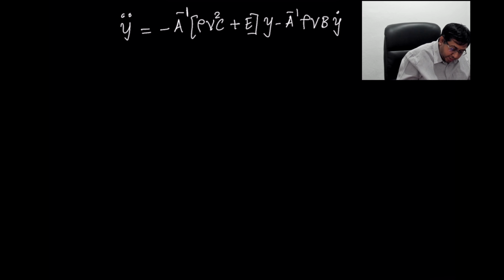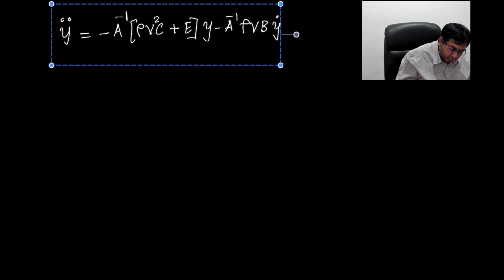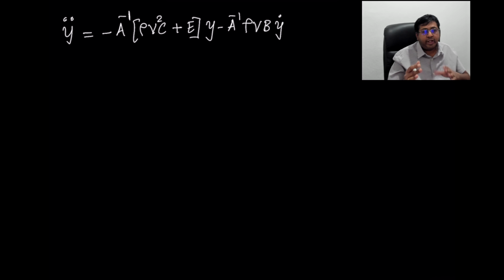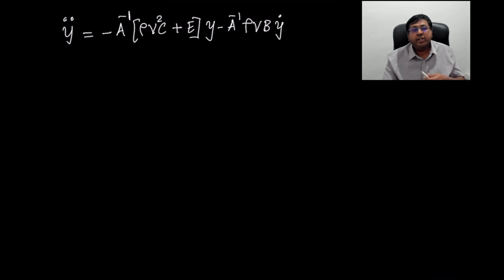So I'm just rewriting my equation. I took everything except the acceleration term, Y double dot, to the right hand side and multiplied everything on the left hand side by A inverse, which is nothing but the inverse of our mass matrix. Earlier in the lectures, we have also seen why we can invert the mass matrix: because it's positive definite, the inverse always exists. So this operation is allowed.